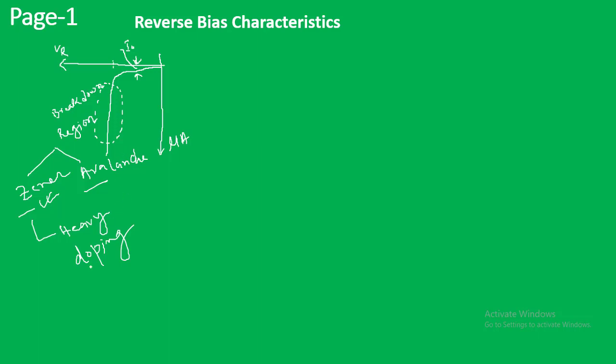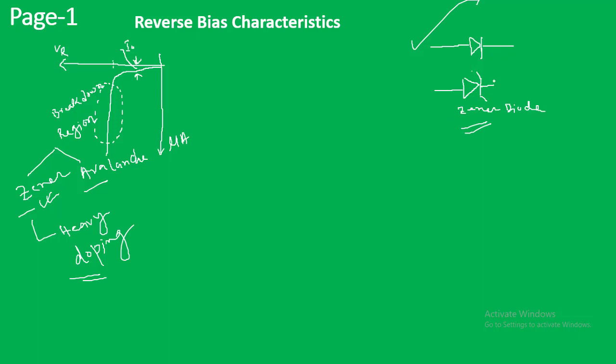So it is quite natural that, from a normal diode, we intentionally dope higher so that the diode can work as a Zener diode. Now if we have a look at this symbol, this is the normal diode that we discussed in our previous lecture series, and this is the symbol of a Zener diode.